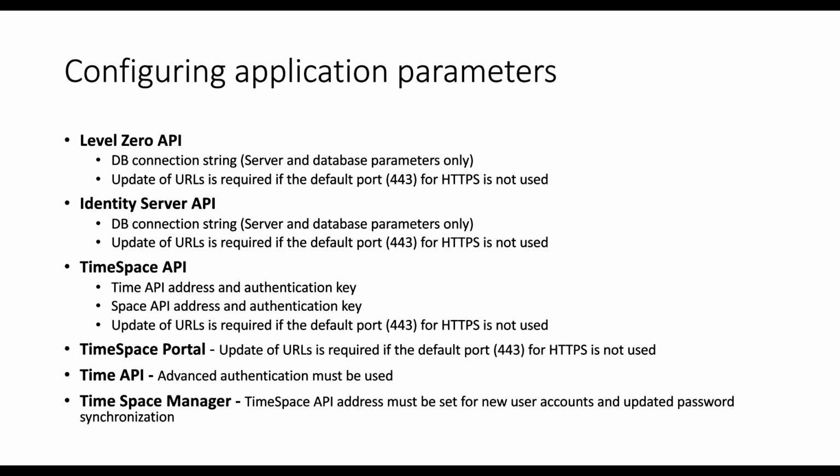So here's the list of the things that you need to do. Of course, for identity and level 0 API, you need to also add the information about the server and the database. And some other things, also the Time and Space API keys, etc.